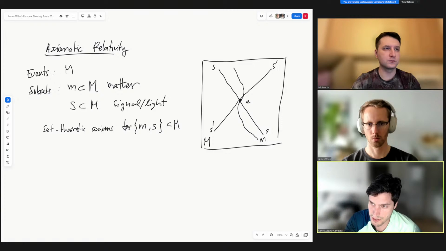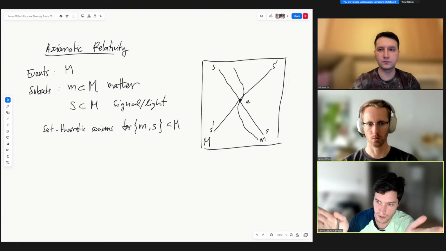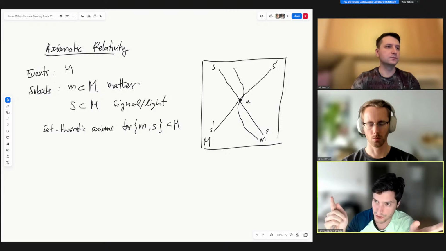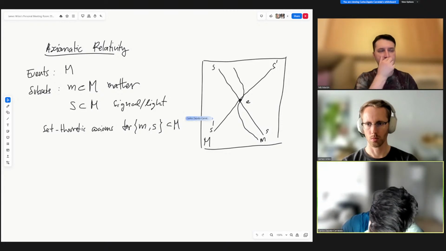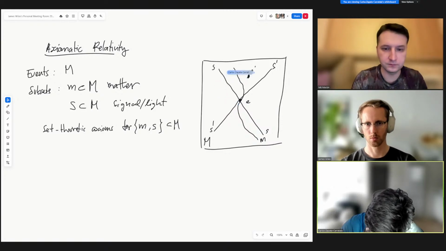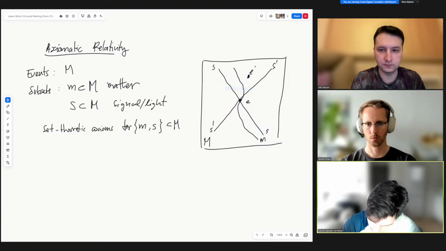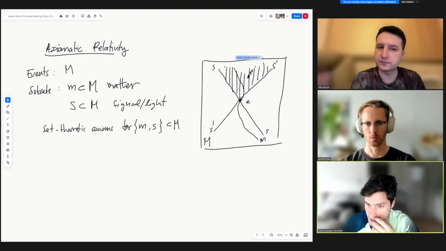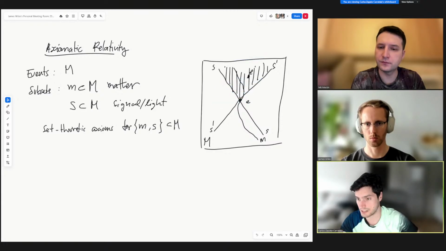So this was analogous to what Nick said, that we assume some causal relation. So I can determine whether an event E prime is in the future of E, just by the existence of these lines, whether I can define this subset, which is essentially the future of E, and see if E prime is in that subset, right?